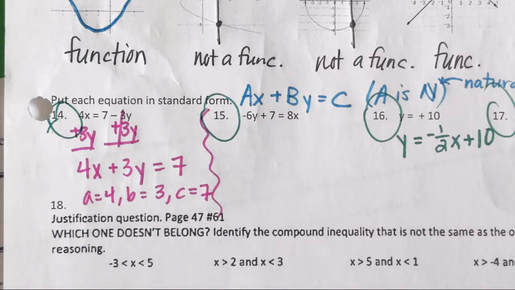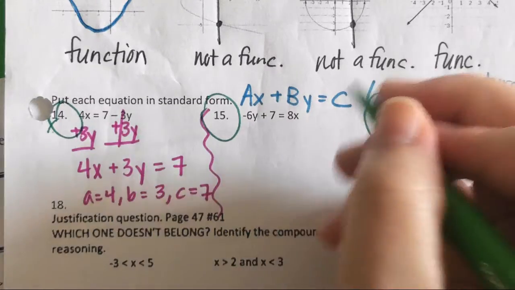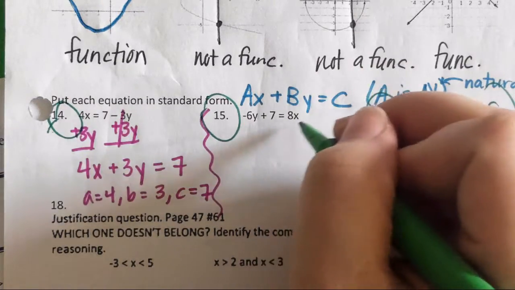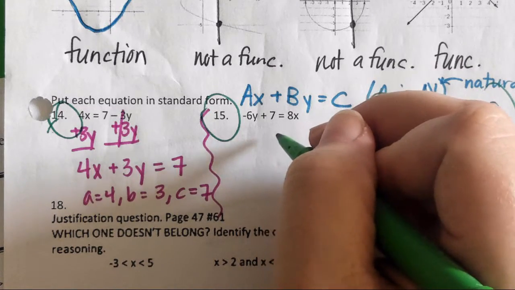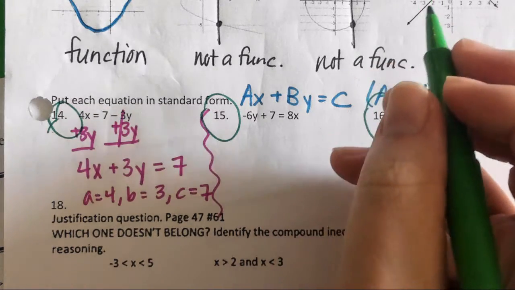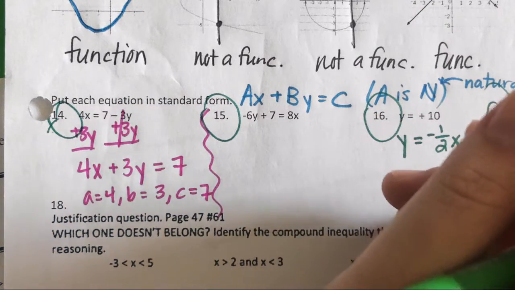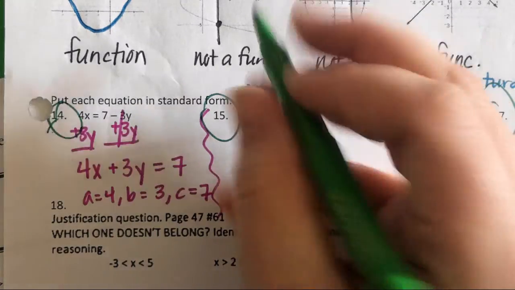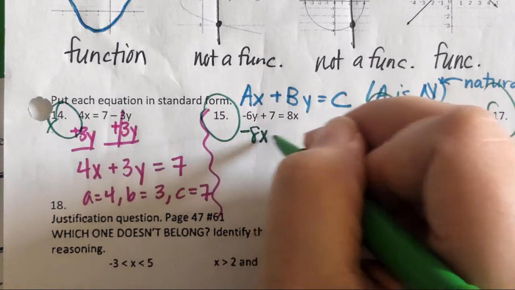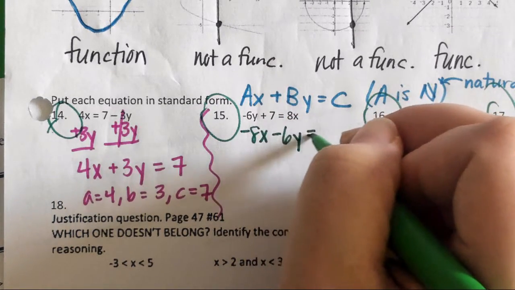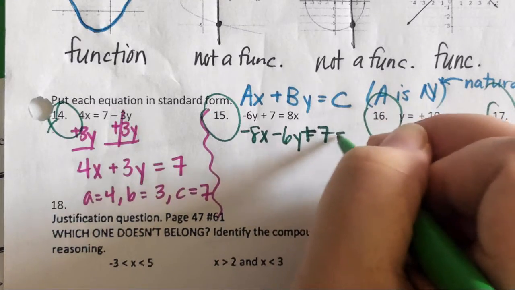Okay, now let's move on to number 15. Do I have any volunteers? Yes, table 6. 6y plus 8x. Now he is smart, and let's explain what he did that makes him smart. We'll come back to Hunter in just a second. I make things complicated. I subtracted 8x from both sides. I had negative 8x minus 6y plus 7 equals 0.